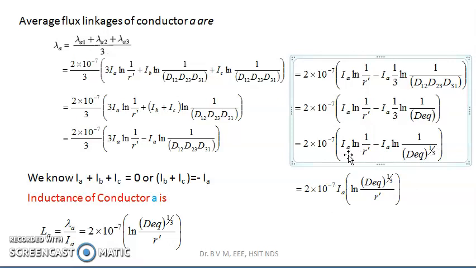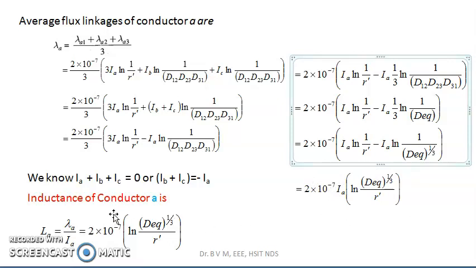Again applying the logarithmic rule, taking IA common, log m minus log n is log m by n. This gives the cube root of D equivalent divided by R dash. This is the average flux linkages with conductor A.